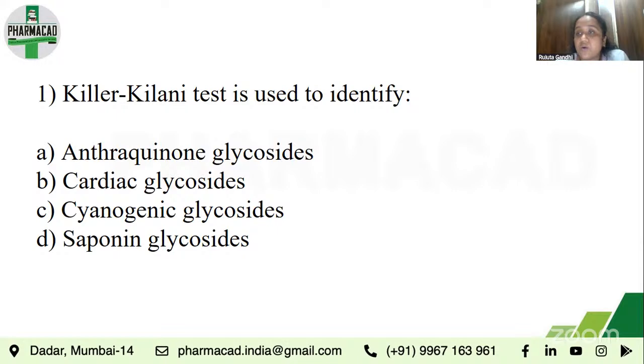To answer this, first we have to understand that it is for one of the glycosides. Again, this is a concept-based question, so we will discuss what the different tests for each are.